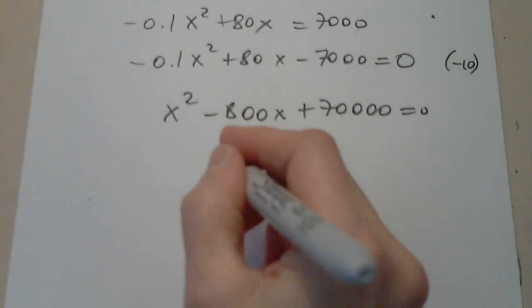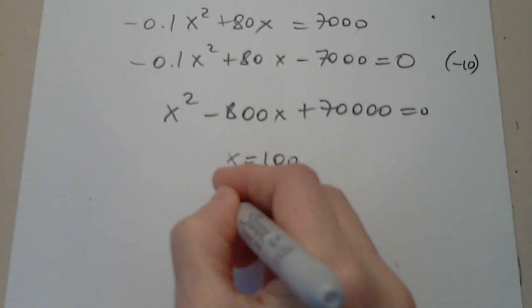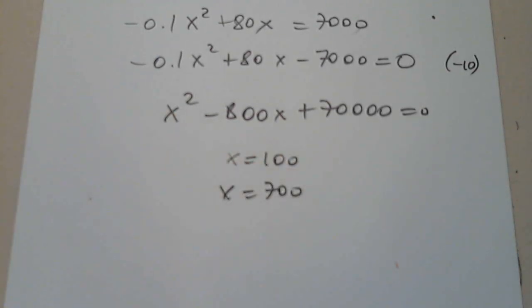So I got x equals 100 and x equals 700. Good. That's it. See how you finish everything in 10 minutes?